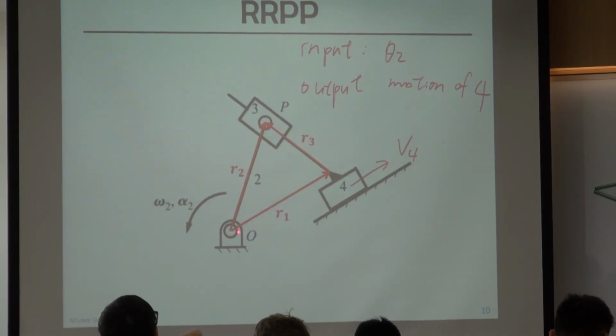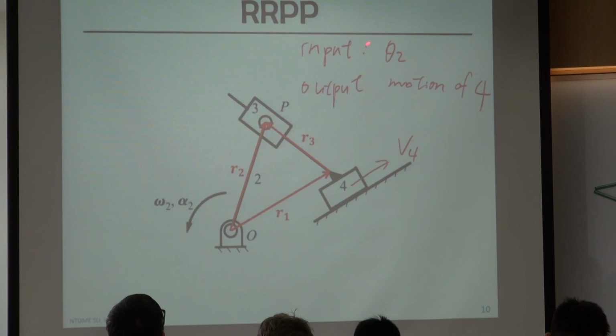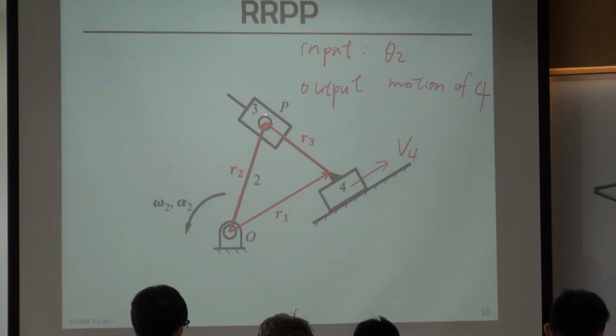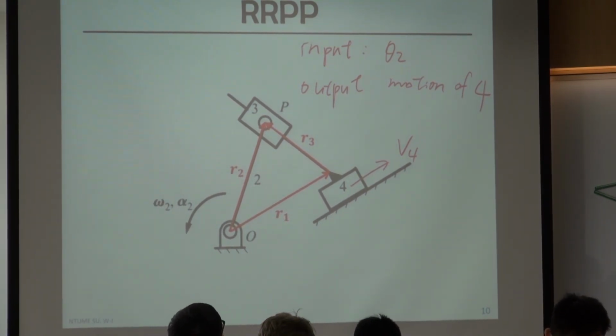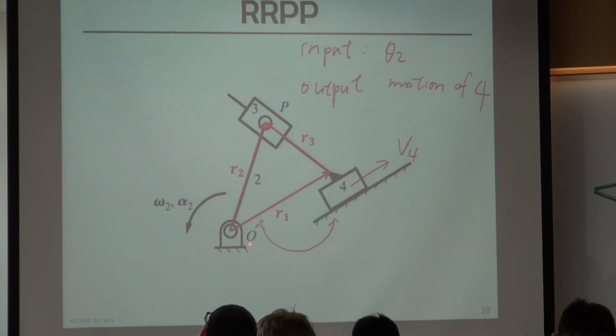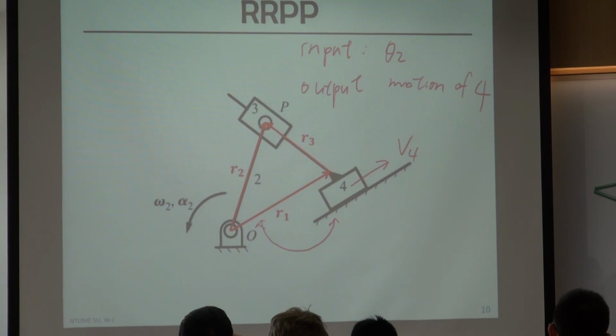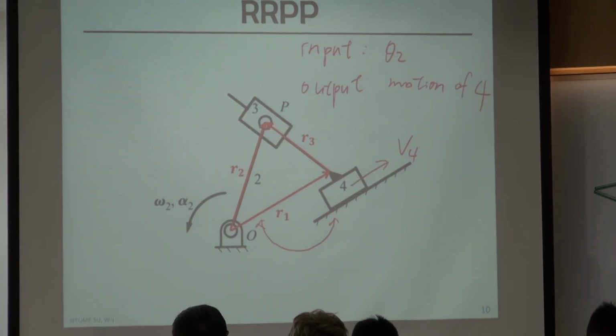So R2 includes the information of theta 2, and R3, R1. I can use R1 to indicate the motion of link 4. And R1 is parallel to this track. These 2 are parallel. So in this case, R1 can indicate the motion of link 4.